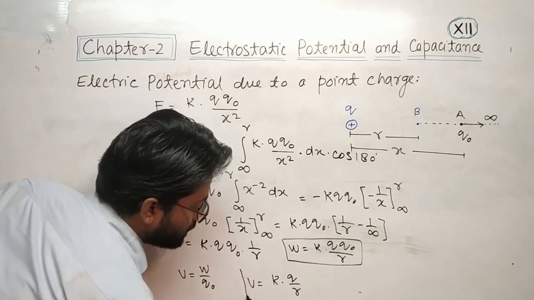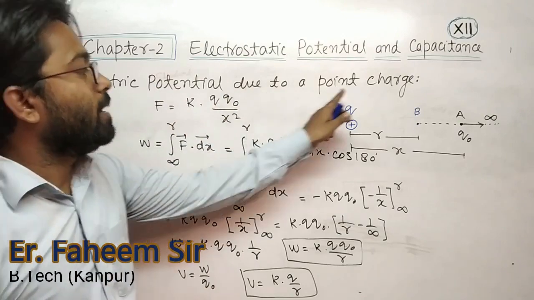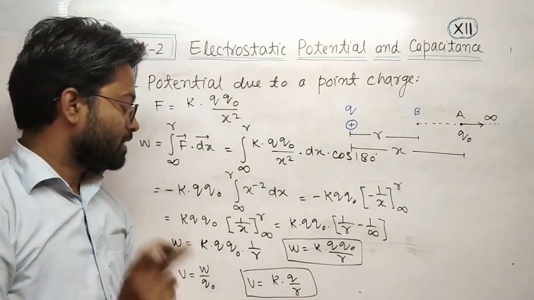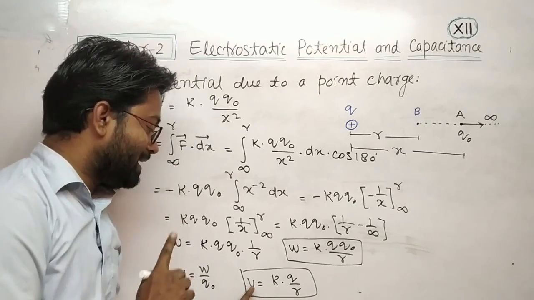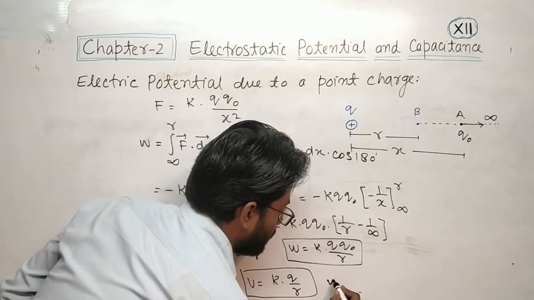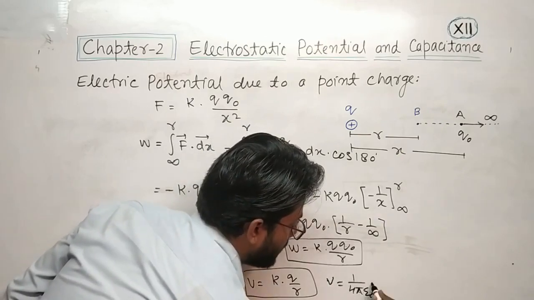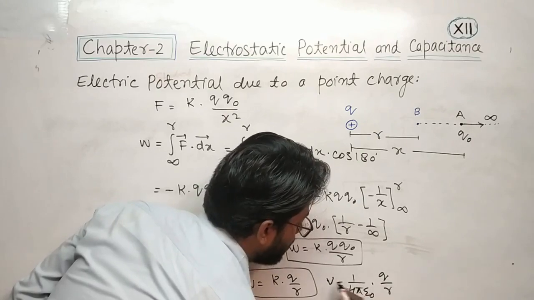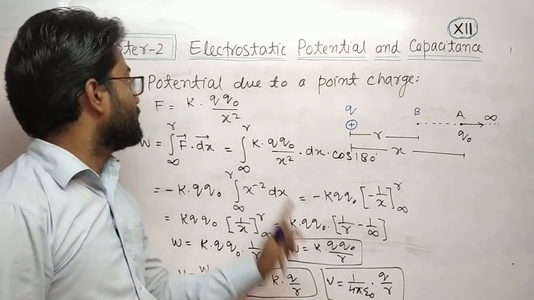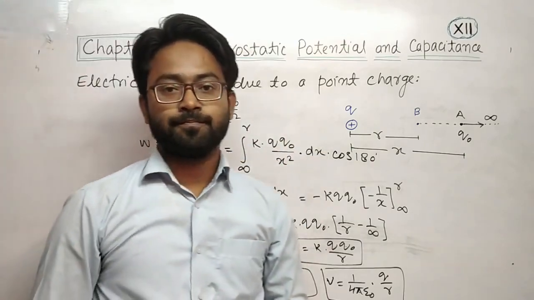K Q upon R. The potential due to a point charge at any point at a distance r will be V is equals to K Q upon R. We can also write V is equals to 1 by 4 pi epsilon naught Q upon R. This is the electrostatic potential due to a point charge.